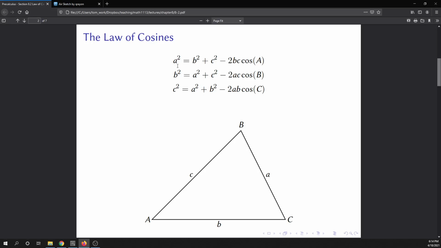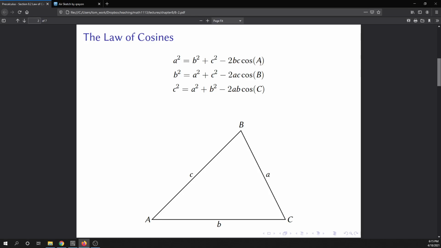So there's three versions, and you can see that there's a symmetry related to those things. For instance, on this first one, we have a squared equals b squared plus c squared minus 2bc. So you can see that this first formula uses the sides that are not a, right? That is sides b and c.